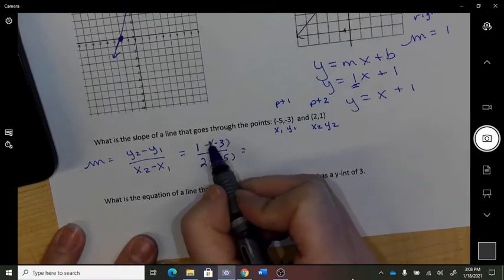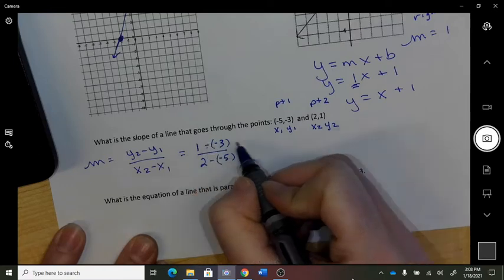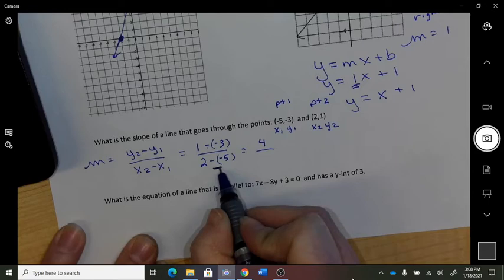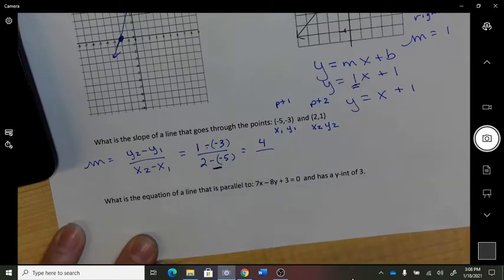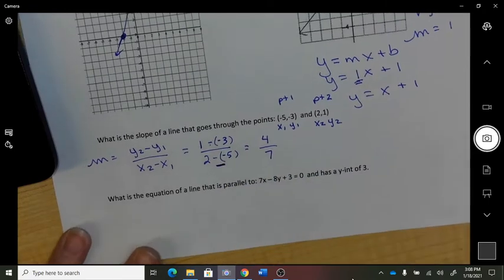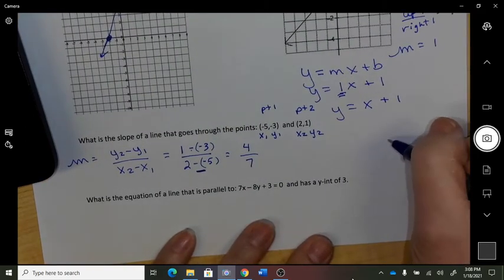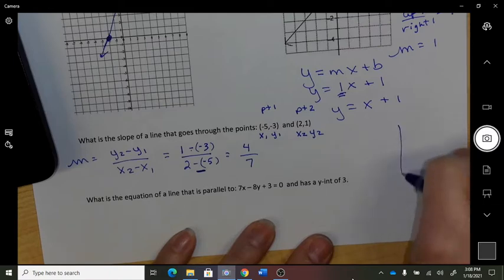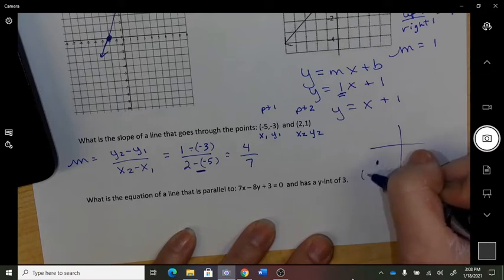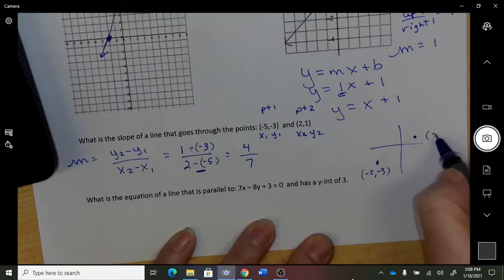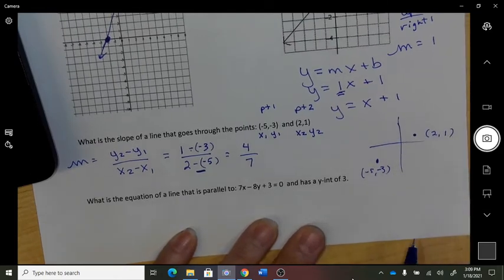Now we have to be careful here. What happens when you subtract negatives? It ends up adding. So I get 4. And actually, again, we have a subtract a negative, which adds, and we get 7. Okay? Also, you could visually do this, or graphically. So down here is the coordinate -5, -3, and then 2, 1 is over there.